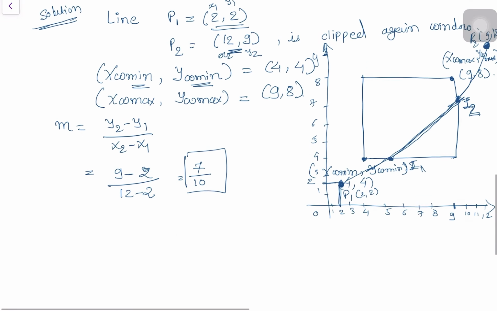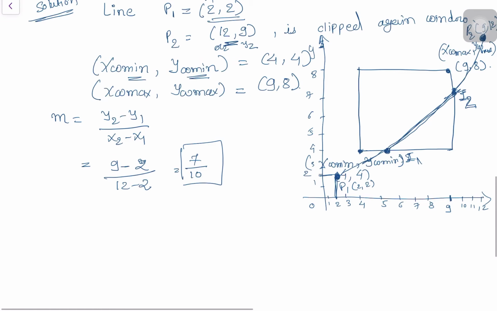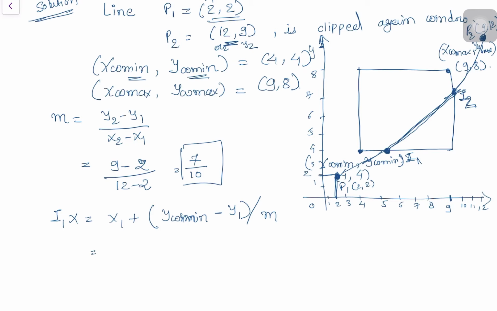Now let's find this I1 point. I1 x is equal to x1 plus yw minimum minus y1 divided by m. So what will be the value of x1?